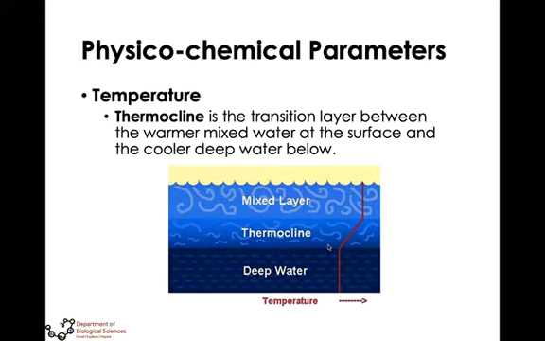So in aquatic ecosystem, there is a term called thermocline, which is the transition between the mixed layer of water, which is in the upper part, and the deeper water, which all contains colder waters. Kumbaga.